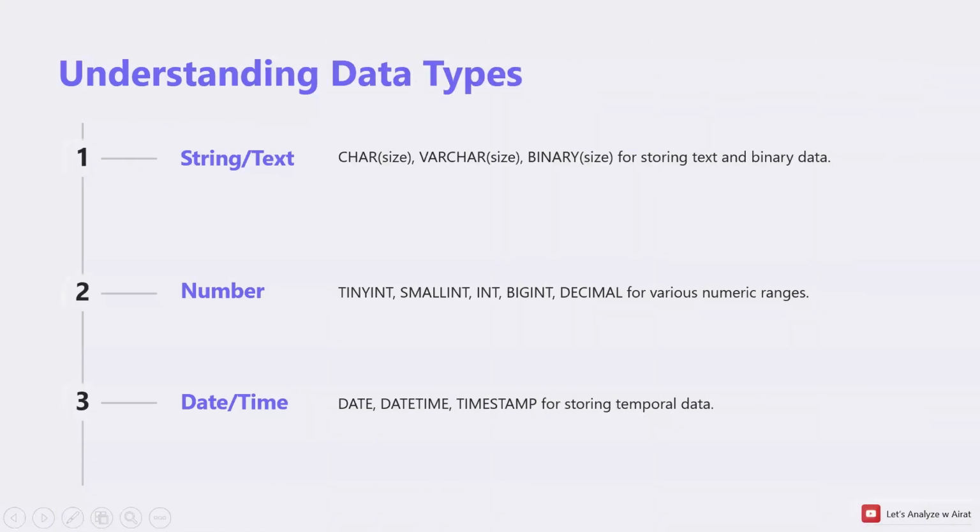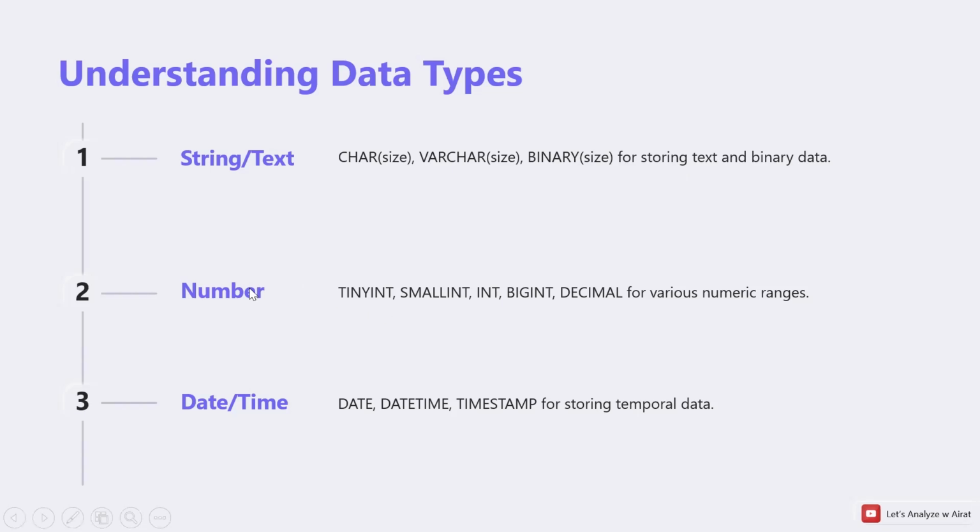Right. So there are different data types. We have data types for strings or text values. We have data types for number values. And we have data types for dates or time values. For the string data type, we have the char, varchar, and binary for storing text and binary data.